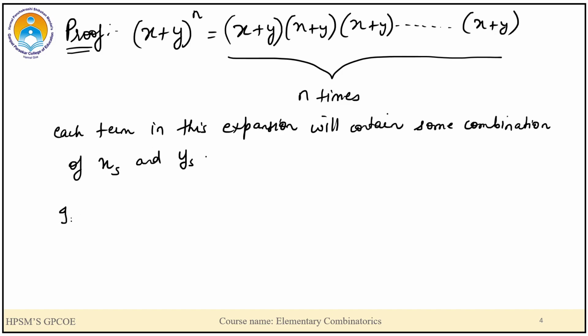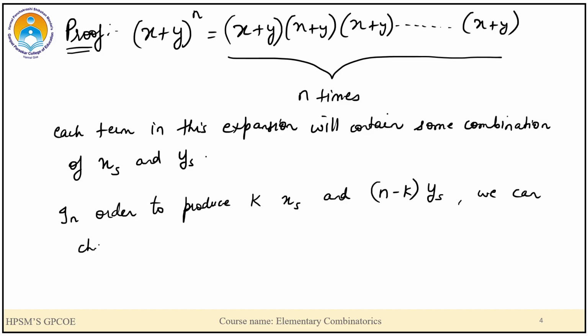In order to produce a certain number of x's, k x's, and the remaining terms will of course contain all y's, which means n minus k y's, we can choose k x's from any of the n parentheses available to us.